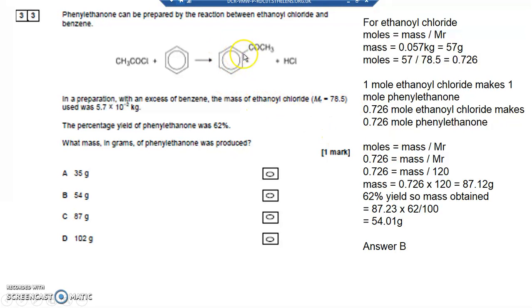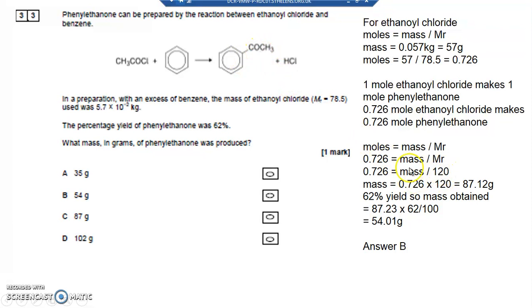I've got to work out the Mr. I've got 1, 2, 3, 4, 5, 6 carbons, 7, 8 carbons, so 8 twelves. I've got a hydrogen on each of these corners here, not one on that one. I've got 1, 2, 3, 4, 5 hydrogens and 3 more, that is 8 hydrogens, so 8 ones and a 16.